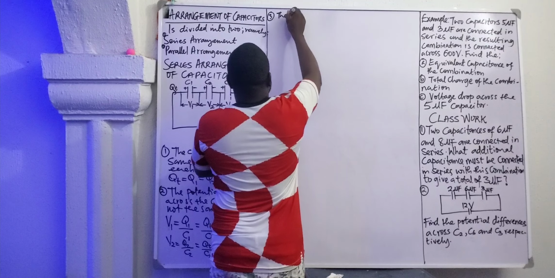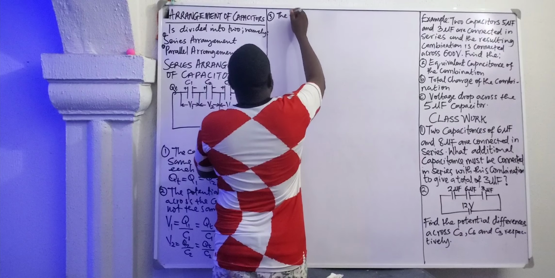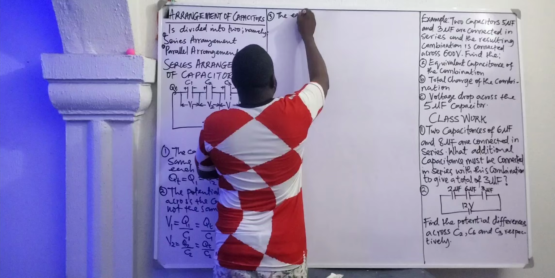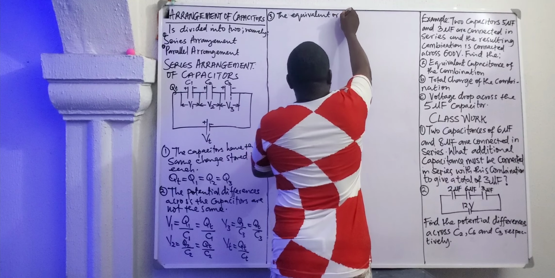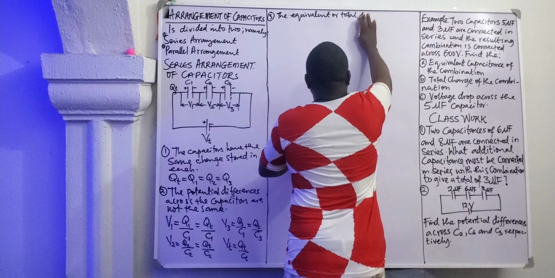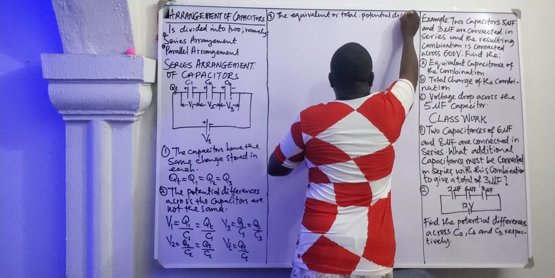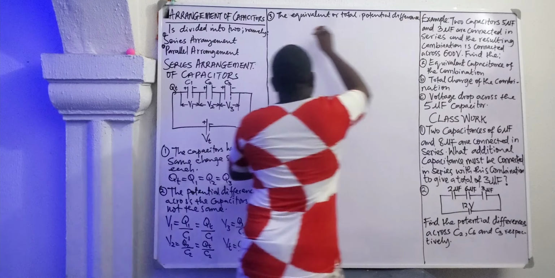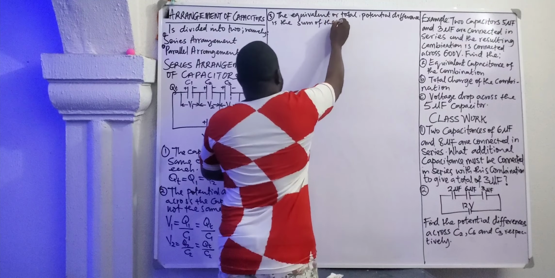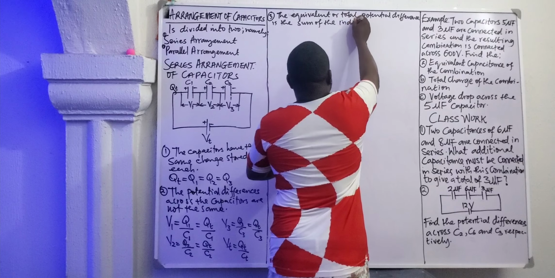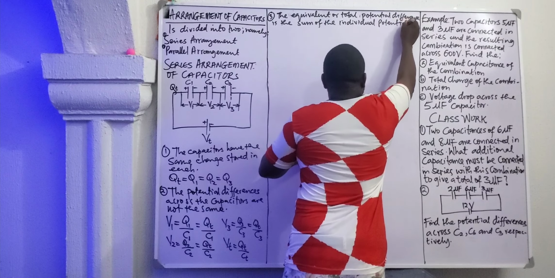I say that the equivalent or total potential difference is the sum of the individual potential differences.